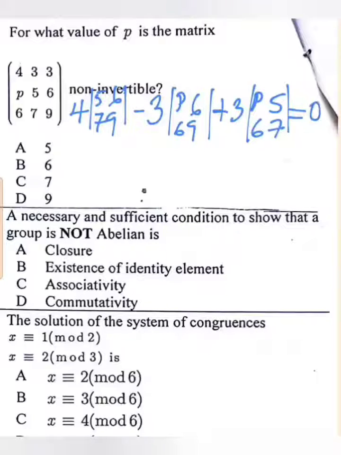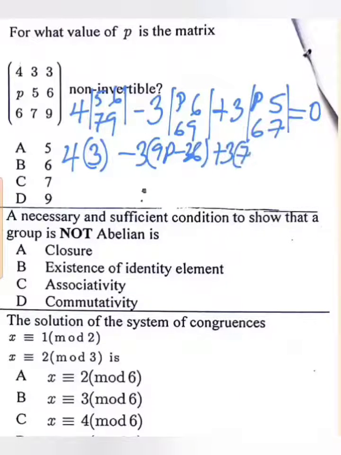All that should be equal to 0 since the matrix is non-invertible or a singular matrix. So we have 4 into the determinant 45 minus 42, which is 3, minus 3 into 9P minus 36 plus 3 into 7P minus 30 equals 0.